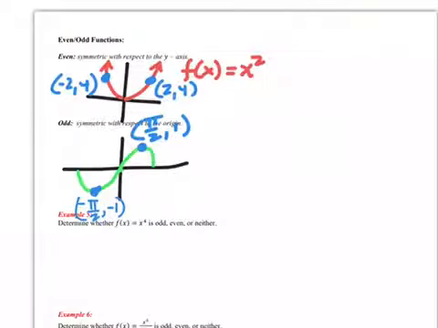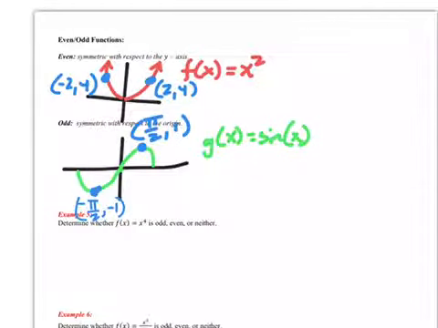Okay, on this slide here, let's review even-odd functions. So even functions, like the function f of x equals x squared, and odd functions, like the function g of x equals sine x, show the following properties. So even functions are symmetric with respect to the y-axis.